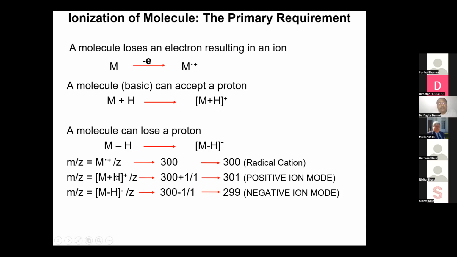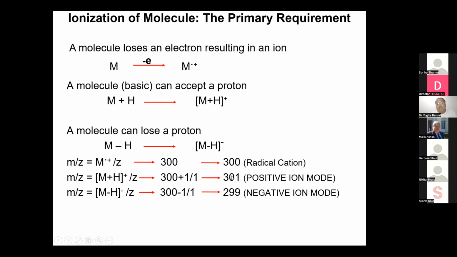That one subtraction is for the hydrogen which is added to the molecule. If it is recorded in negative ion mode, then we add 1 because one hydrogen is lost from the molecule. So again, it will be 300.